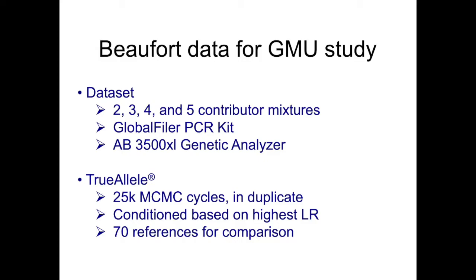Runs were also created in duplicate to view reproducibility, and additional cycles and replicates were conducted as needed to achieve concordance. In genotype inference, mixtures were conditioned based on the highest match statistic, and unknown contributor genotypes were peeled away until only one remained. Inferred genotypes were compared to 70 references to calculate LR match statistics.